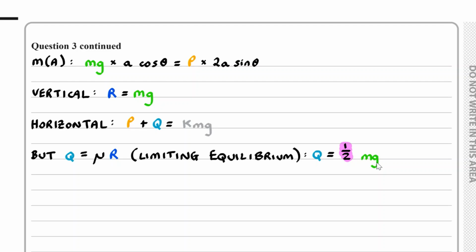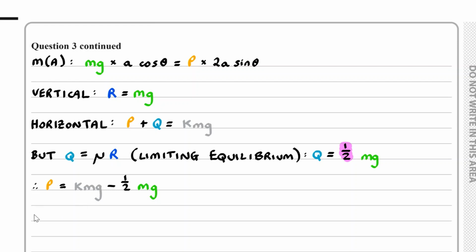So Q is equal to 1/2 mg. And so therefore, if we consider the horizontal, we have P, which is equal to K mg minus Q, which we know is 1/2 multiplied by mg.